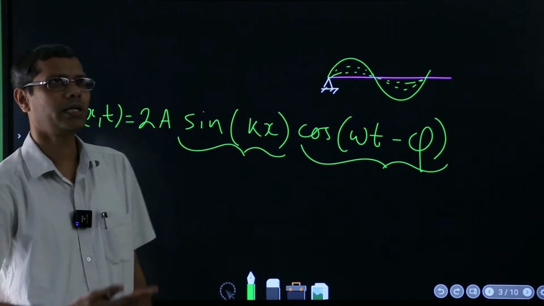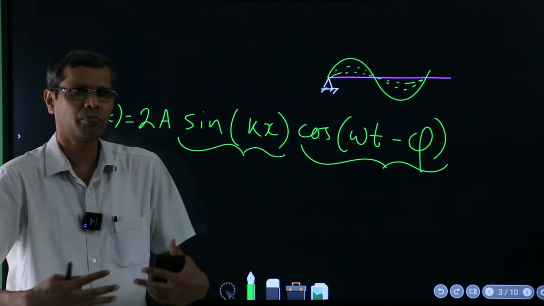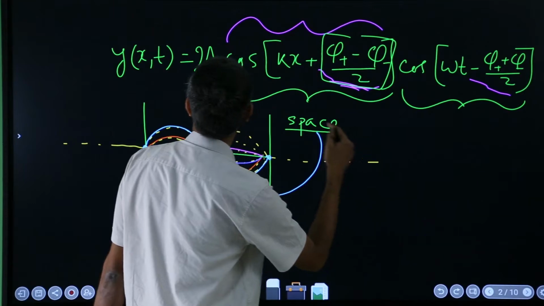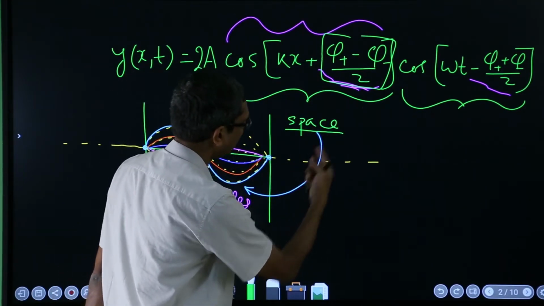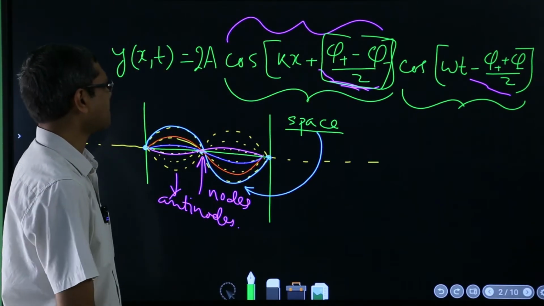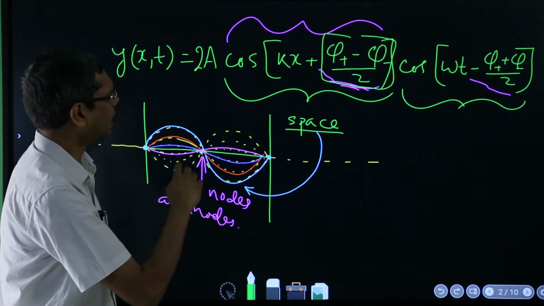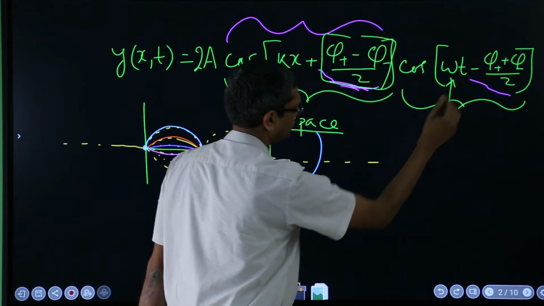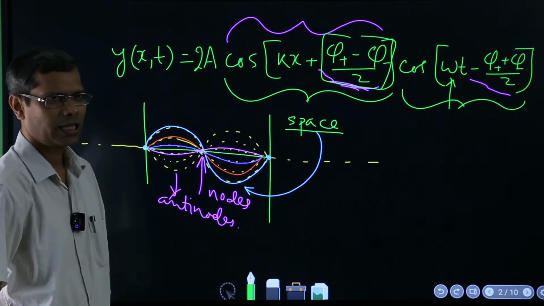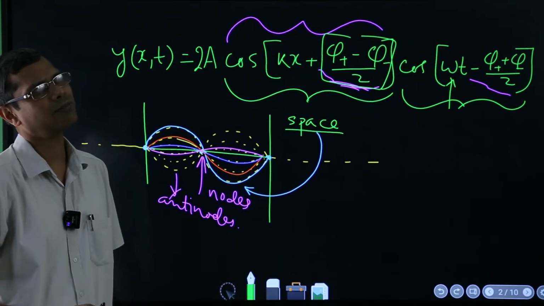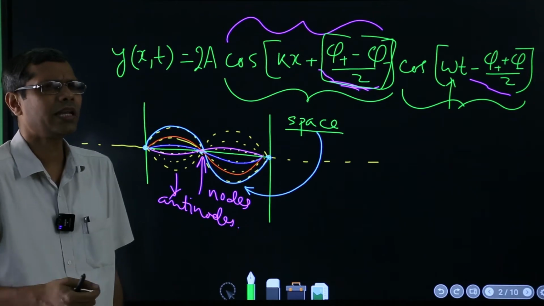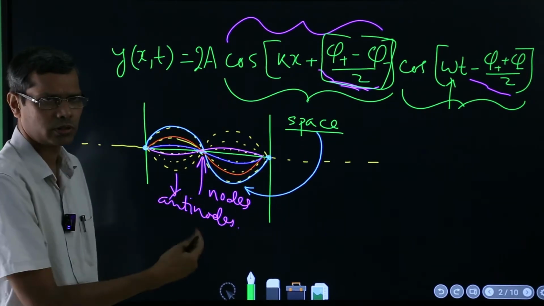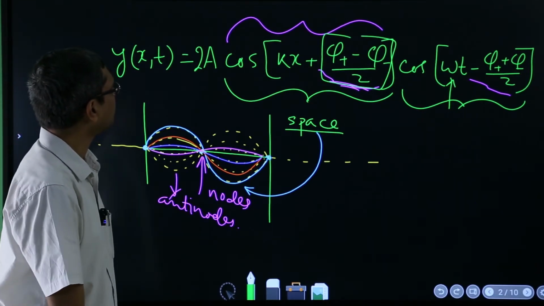But have we reduced the number of possibilities which were available here? See, in this, any omega was possible. You could have excited the string with any frequency of your wish. There was no limitation on the omega which you are exciting it with.